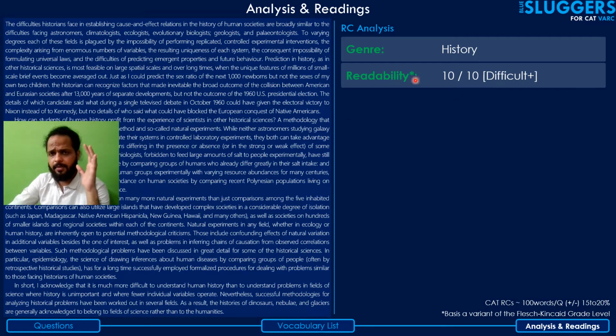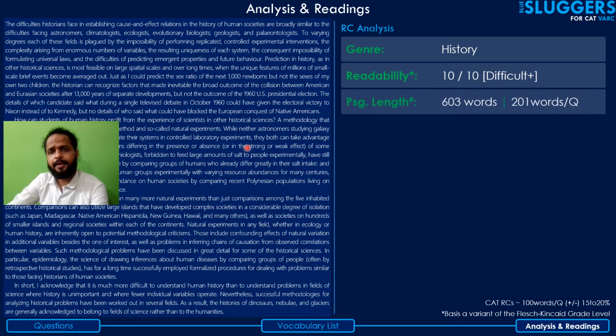So if your accuracy was really low and the readability of this passage happens to be quite high, then it definitely makes a case that you might want to practice more with passages that are more difficult to comprehend. Next, passage length. Please think of the passage length not just in terms of words, but rather in terms of number of words per question, right? That can have a bearing on what steps you might want to take to recalibrate your approach.